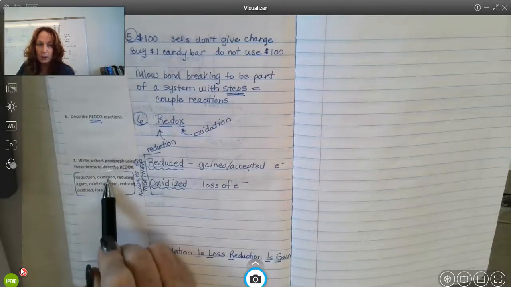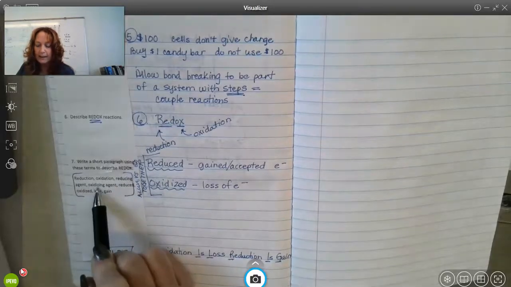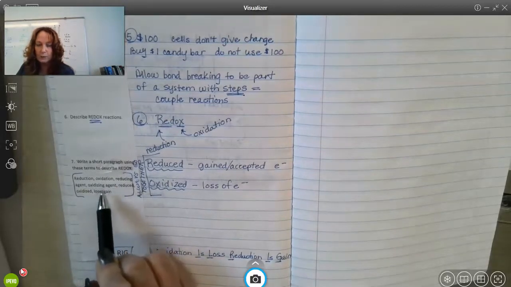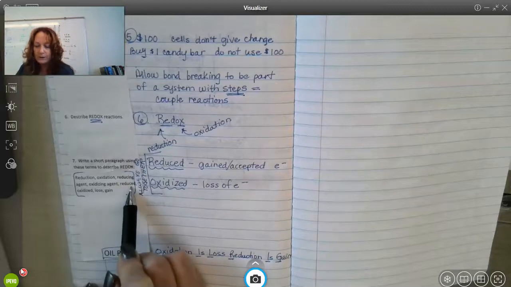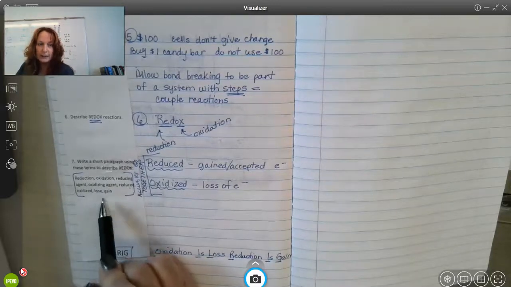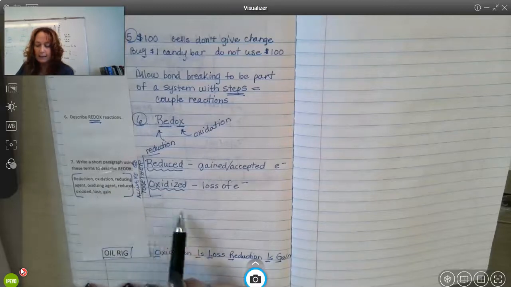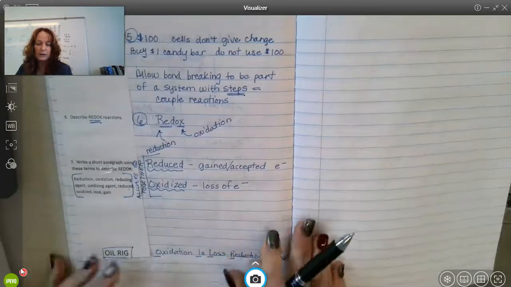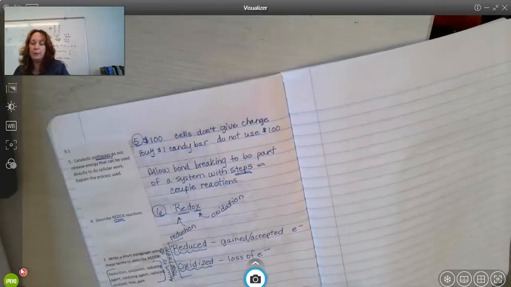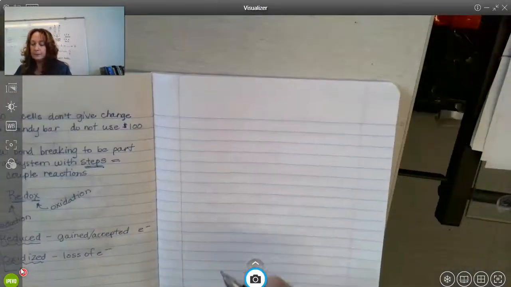We've said what oxidation is, that's losing an electron. We'll come back to these oxidizing, reducing agents. We've said what reduced is, oxidized, loss, and gain. So we're mostly there. We'll add these in just a minute as definitions. But I want to give an example of how this works.